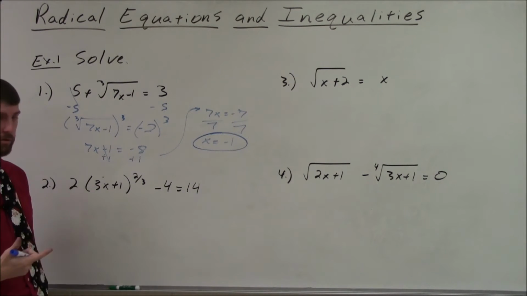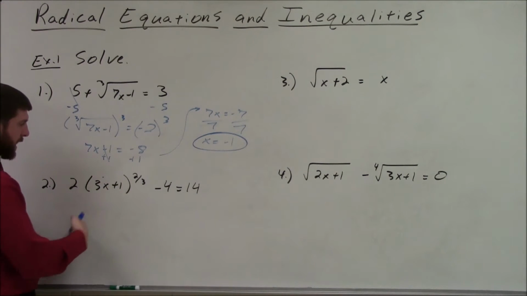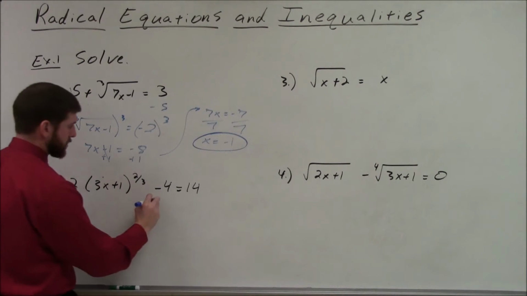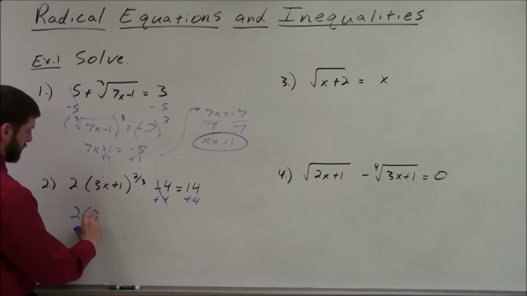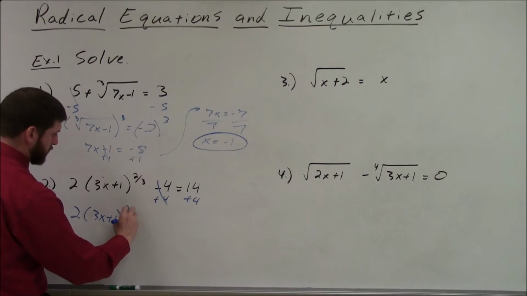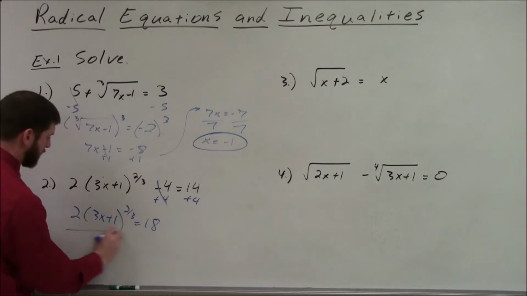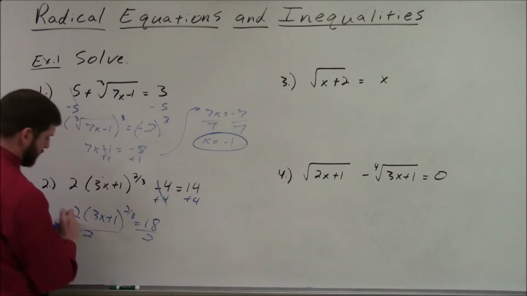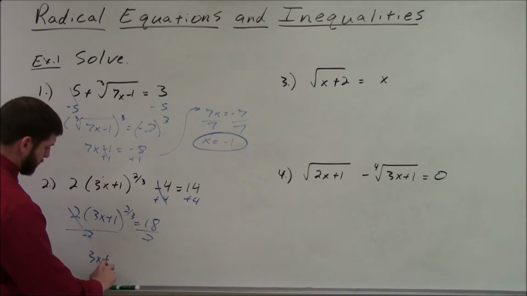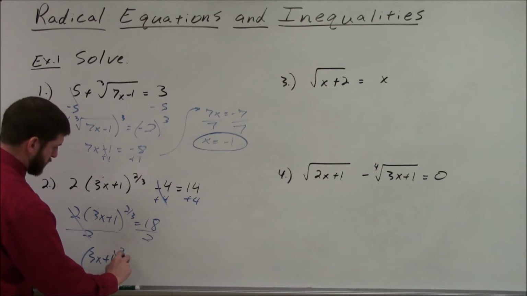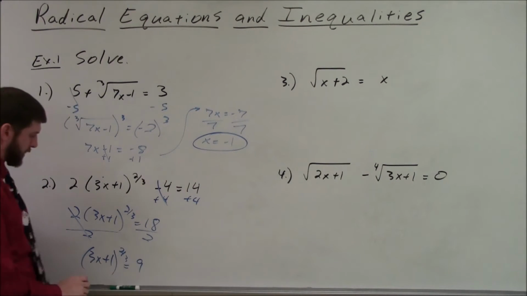We have a rational exponent equation. So we're going to start by isolating the base. So we're going to move our 4 over. That's going to give us 2 times (3x plus 1) to the 2/3 equals 18. I'm going to move my 2 by dividing by it. That's going to give me (3x plus 1) to the 2/3 equals 9.